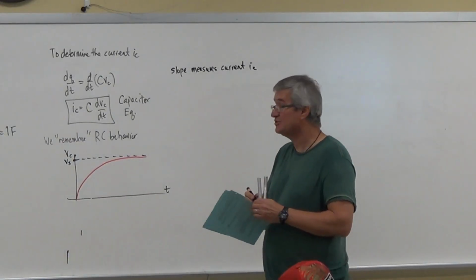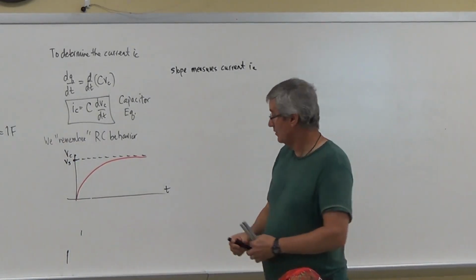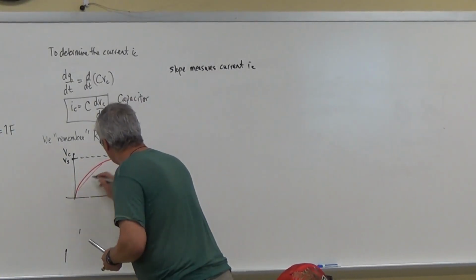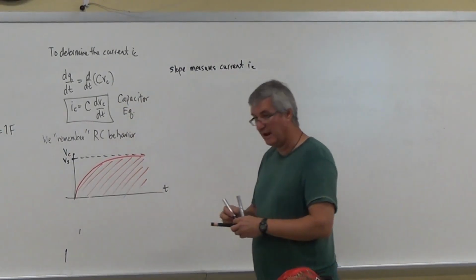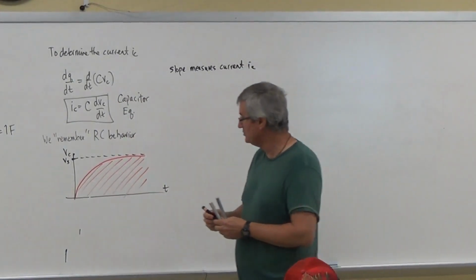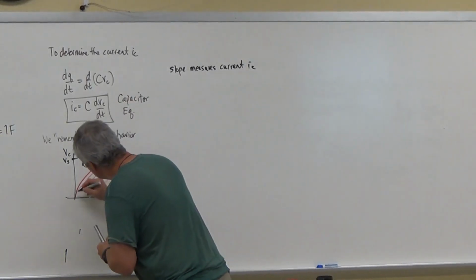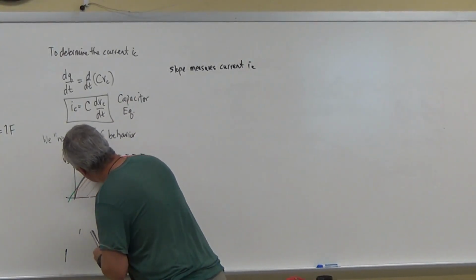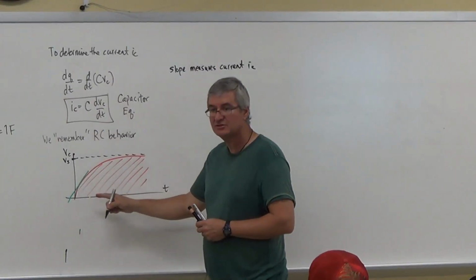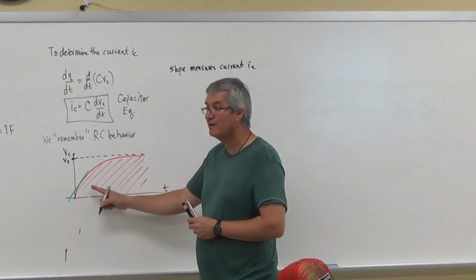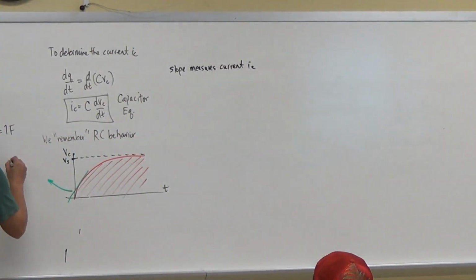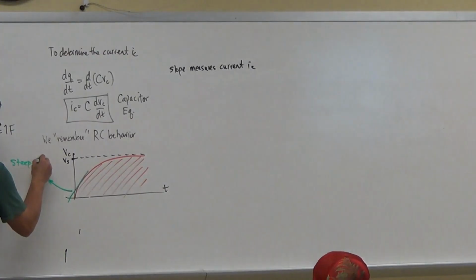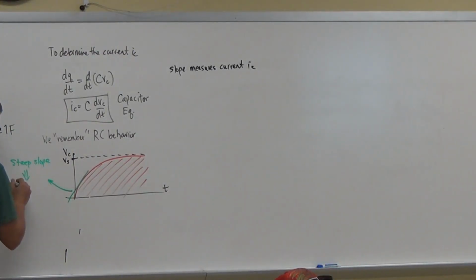When I look at this whole curve, I'm not trying to calculate area or anything, but if I look at this slope right here, this means that the capacitor has a high current at this point. Because I have a steep slope, that implies that I have a high current.